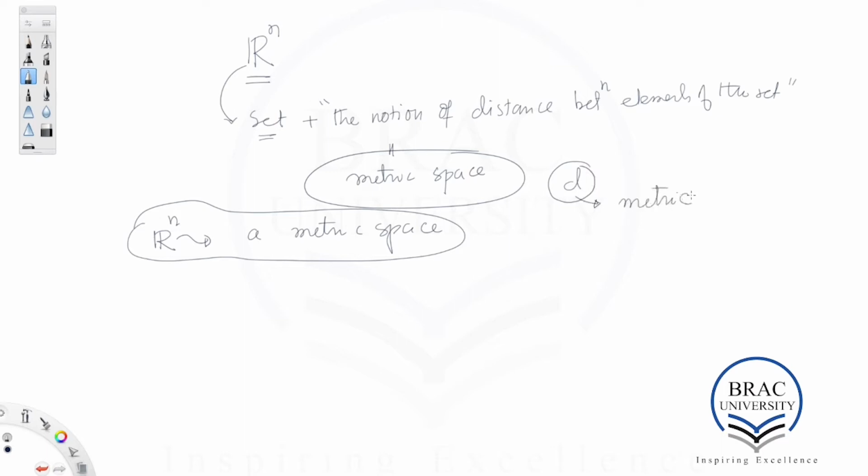The metric is supposed to satisfy certain properties, called the properties of a metric. Say one of them is the triangle inequality, the positive definiteness, and there are other properties. It's not a topology class, and that's why we are not discussing everything in detail. I'm just touching things very briefly. So we have seen that Euclidean space is equipped with the notion of distance between points that we call a metric, and that way it becomes a metric space. And in this metric space, we can talk about open balls with the help of the metric.